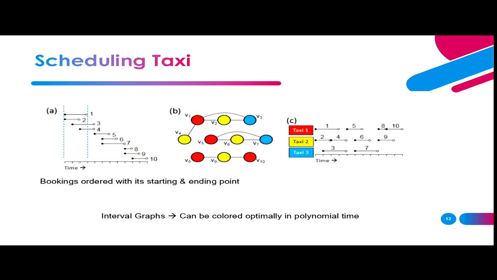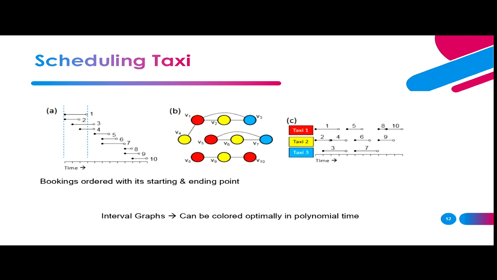Okay, for scheduling taxis, that's similar to our project. First, in A, we have bookings ordered with their starting and ending points. The first dot is the starting point, and the other dot is the ending point. We order them by time. Let's say for the first booking, we see the overlapping bookings.